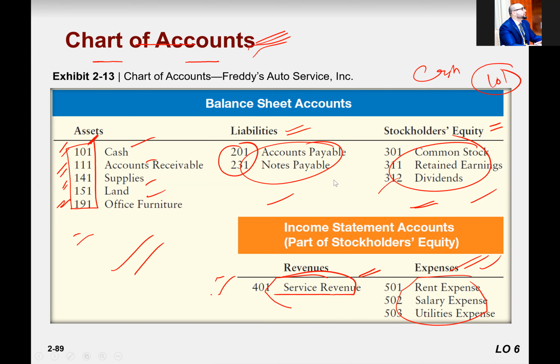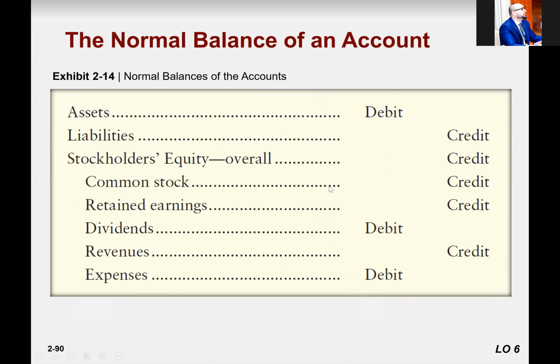Okay guys, so normal balance, like I told you: assets normal balance always has the plus sign. Sorry, dividend is also a plus sign here. Revenue, plus sign.